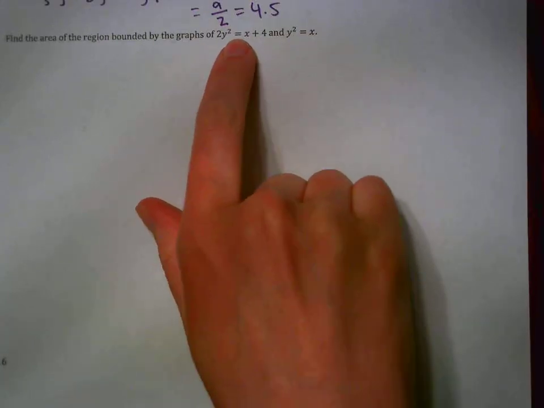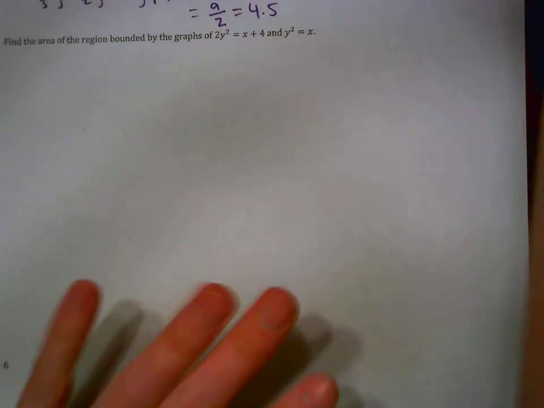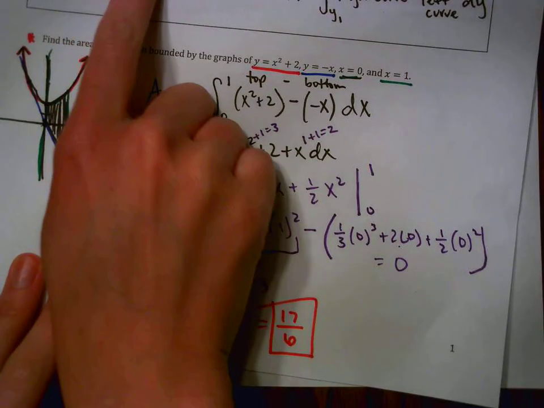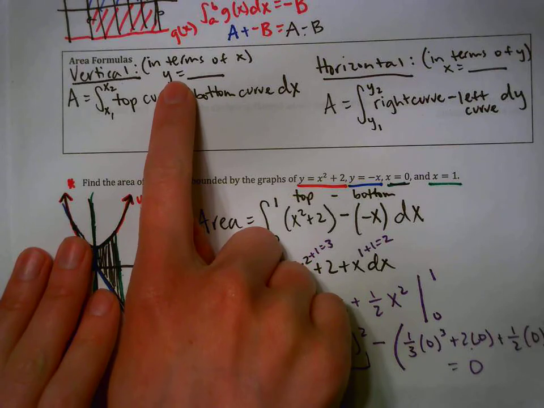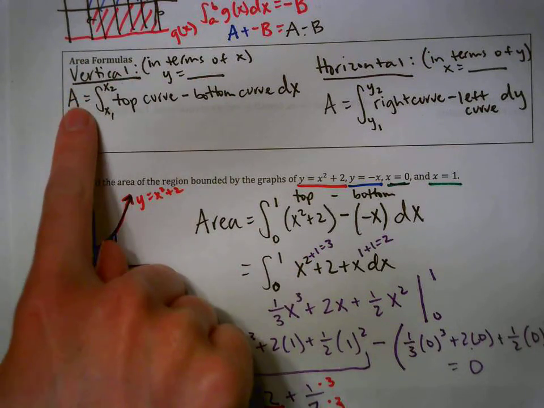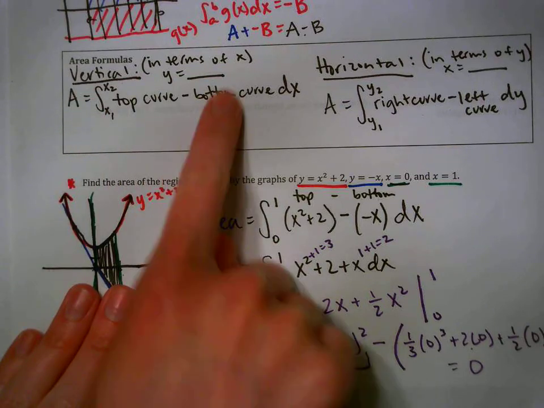When we look at this one, it says find the area of the region bounded between the graphs of 2y squared equals x plus 4 and y squared equals 5. So before we jump into graphing those, if you notice in this one, we don't have y or x alone. Normally a shortcut is, if you have y alone, if it's in terms of y equals for both equations, you should do vertical lines and do top minus bottom.